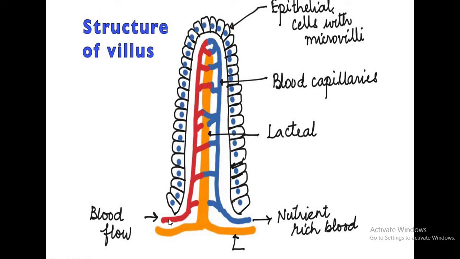The blood entering the villus and the blood vessel leaving the villus will be rich in nutrients, so it is written here, nutrient rich blood. So the two structural features which help in absorption are the thin layer of epithelial cells and the rich supply of blood capillaries.